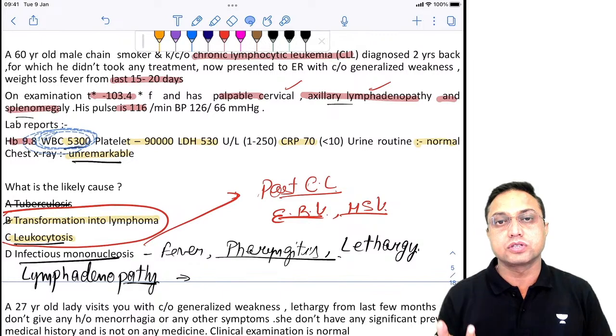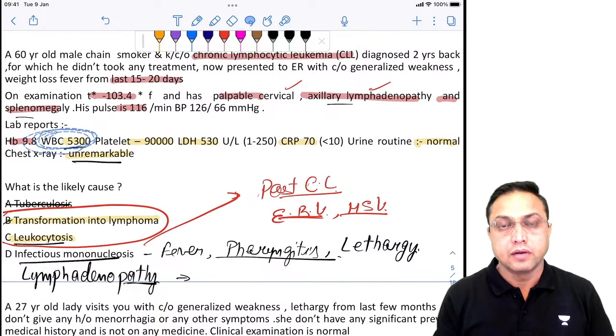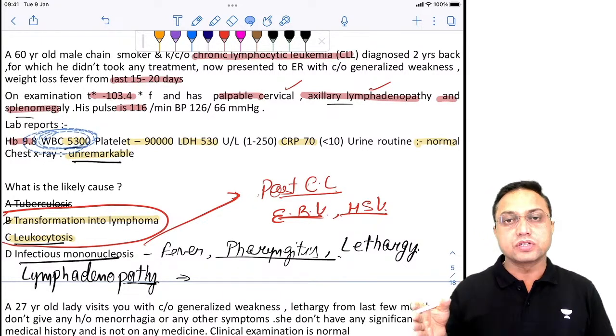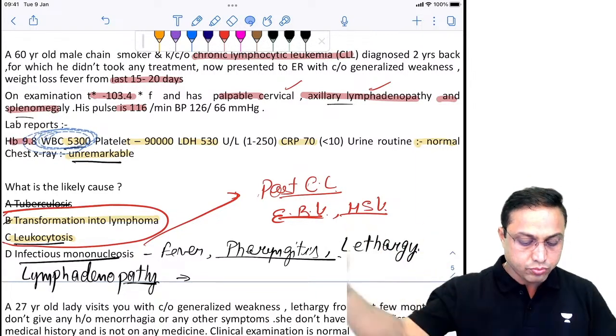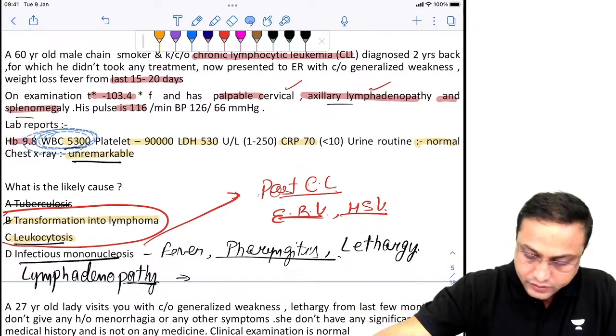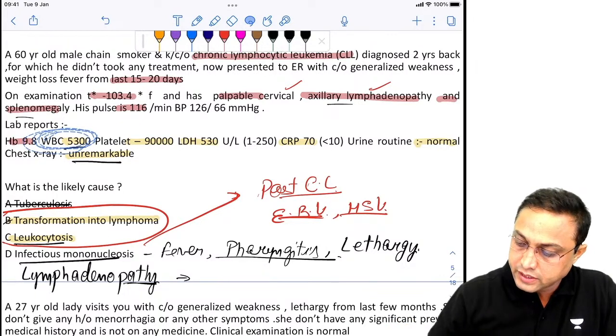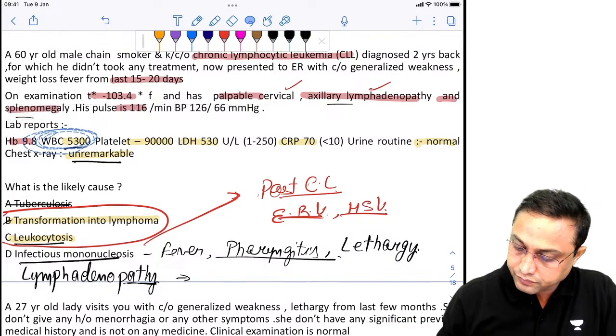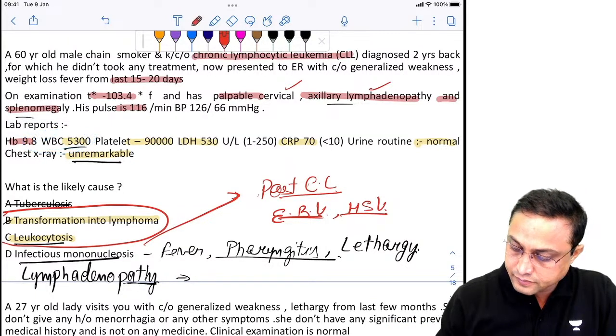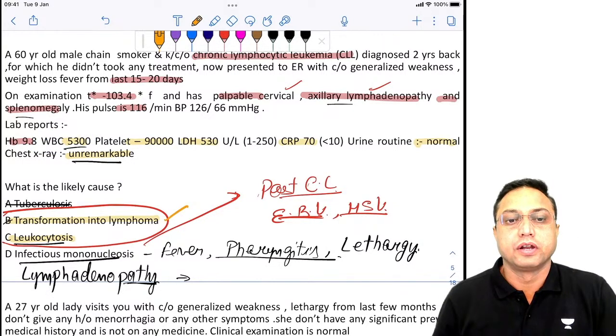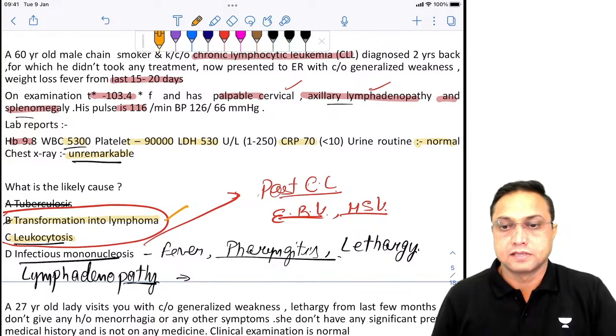Here the WBC counts are normal, whereas if the patient had leukocytosis, his WBC should have shot up. So that's why we are left with only one answer, that was transformation into lymphoma, right?